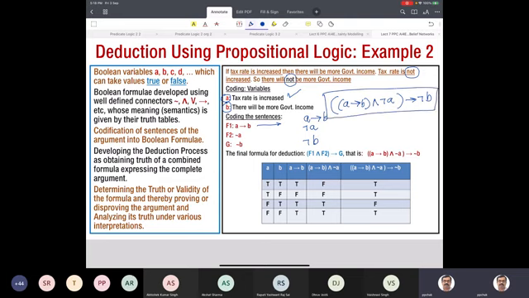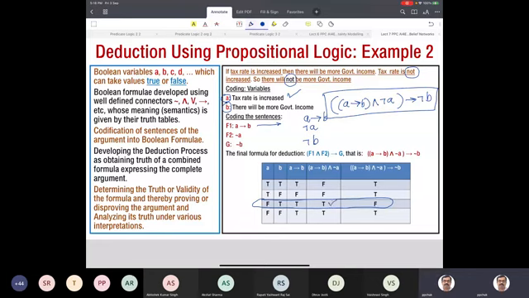This is how I model causality. This is how I model inference. And I will notice that this is a row where I have A equal to false and B equal to true.